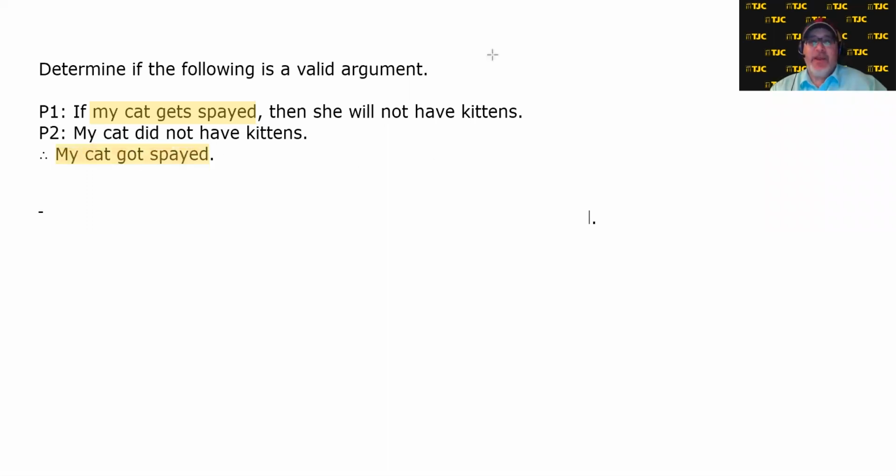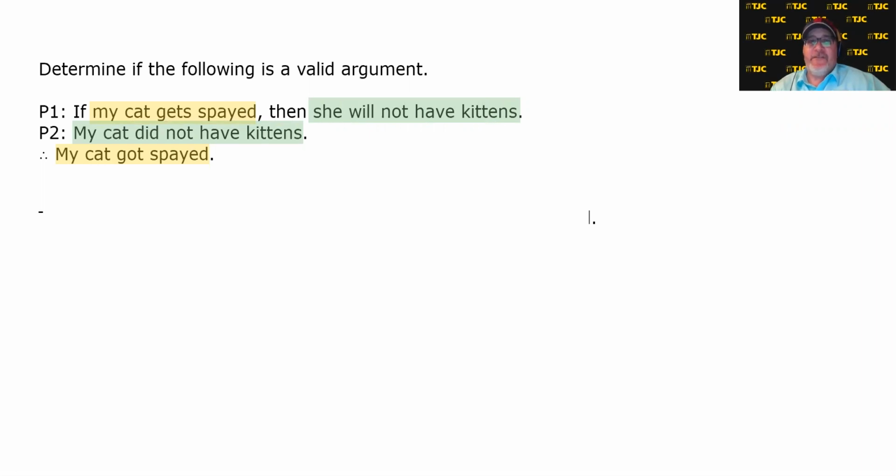My cat got spayed. The consequent of the first premise is she will not have kittens, which matches the second premise. My cat did not have kittens.